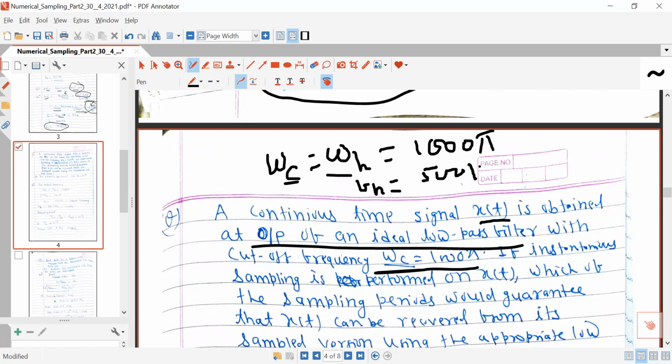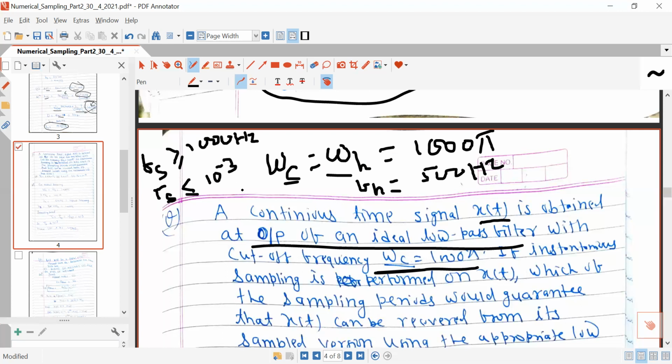And according to the sampling theorem, the sampling frequency for the reconstruction of the original signal should be greater than or equal to twice of this, meaning 1000 hertz. And the Nyquist interval, which is the reciprocal of fs, which you can write as Ts, will be less than or equal to 10 to the power minus 3.